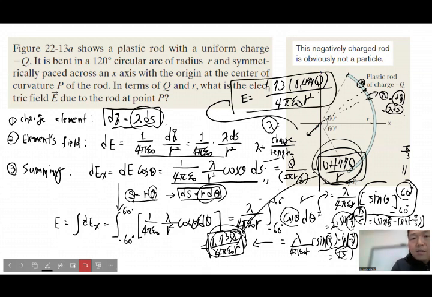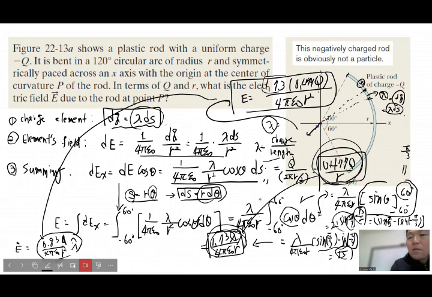If you multiply 1.37 by 0.477, then the total electric field in vector form is E equals 0.834 q over 4 pi epsilon r squared, in the unit vector i direction.